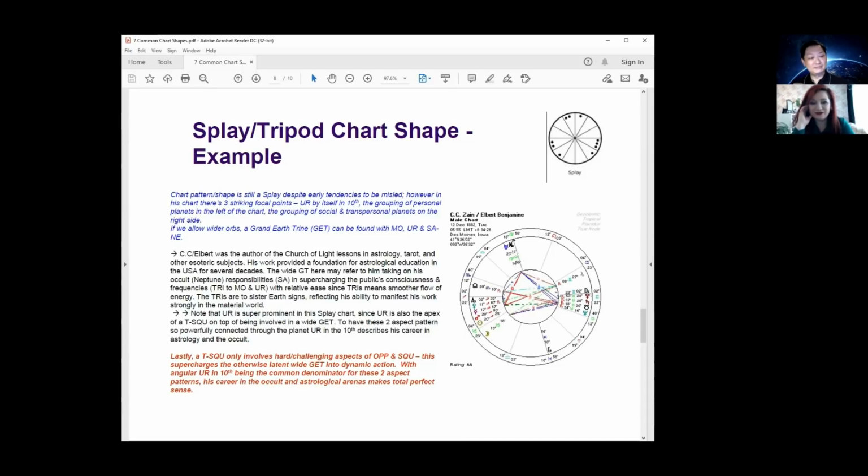As I like to call them, the out of this world planets. Sure. And so you can see how it plays out in this person's life, and he is very instrumental in bringing forth esoteric subjects, astrology and tarot, just to name a few. So with this, I shall pass it over to Radostina.